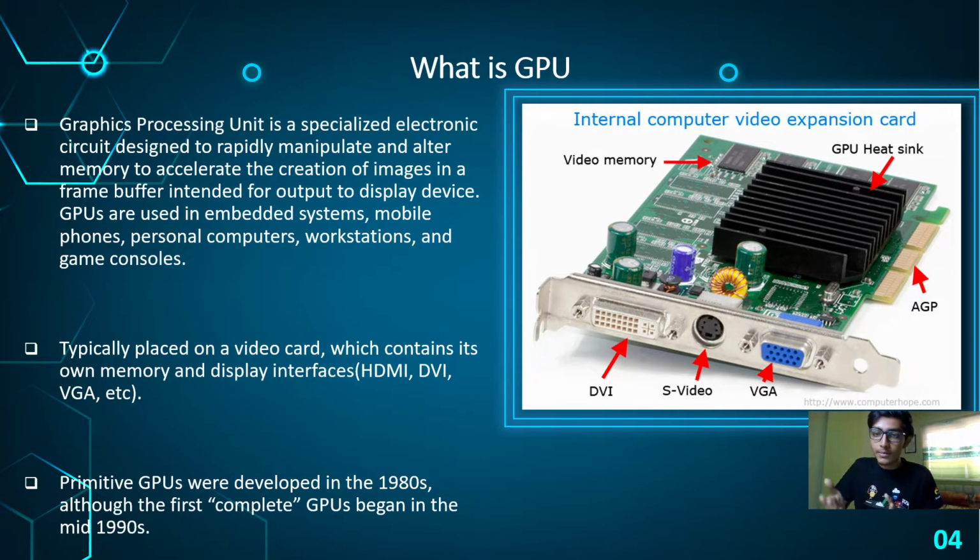You can see in the image that there are many components of the GPU. The GPU is placed on a video card which contains its own memory and display interfaces. And it was first used as an individual term and worldwide it got its dignity in the 1990s.